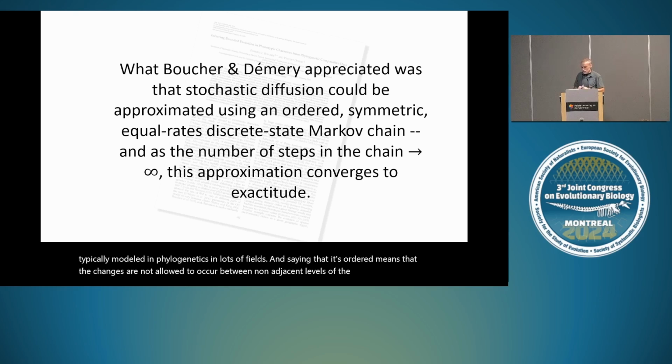Saying it's symmetric means that the back and forth rates of change between any pair of adjacent levels are the same, and saying it's equal means they're all the same for all pairs. Then, in the limit as the number of states increases towards infinity, this approximation converges on exactness, so it becomes exactly Brownian.